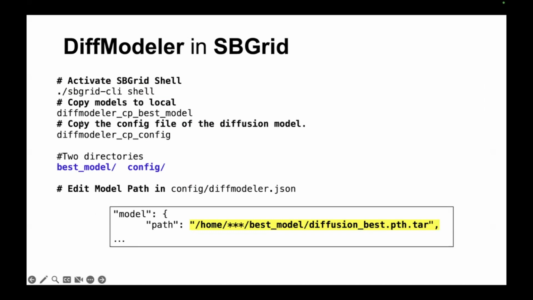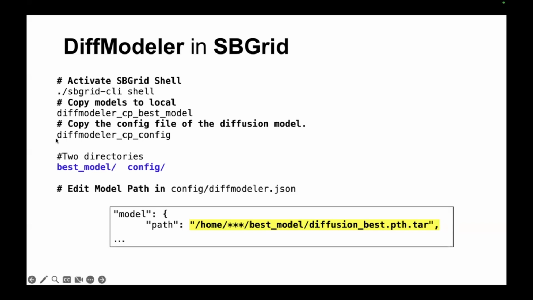Then the user needs to copy the models, which is the deep learning weight file, diffmodeler CP based models. Then you also need to copy the config file, diffmodeler CP config. Then it automatically downloads the weight file and the parameter files to use the diffusion model.